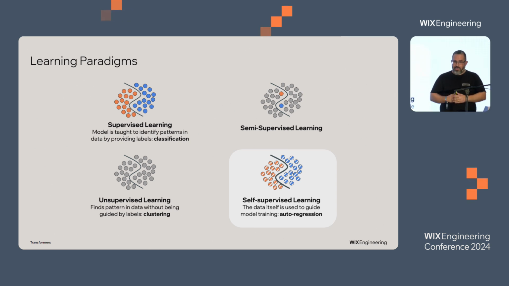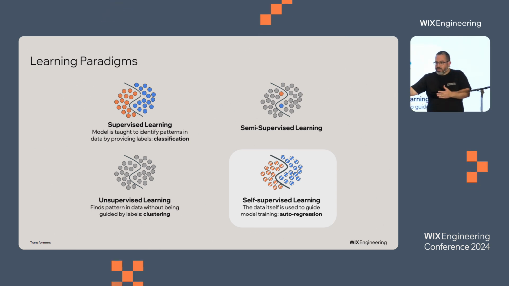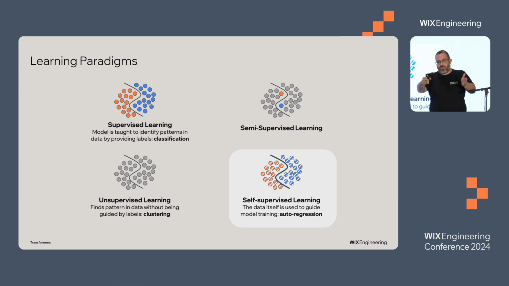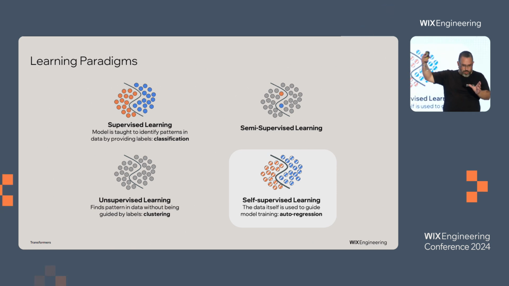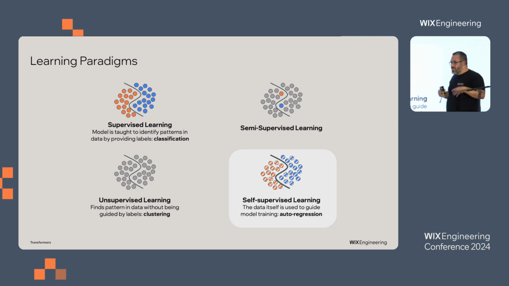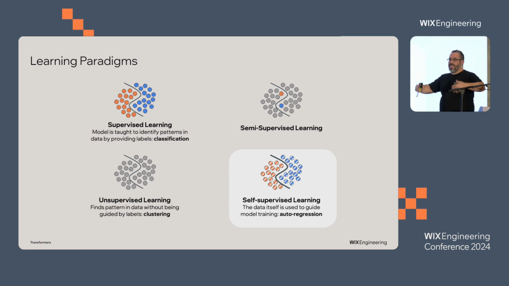We can take all our text, and we know what the consecutive words are in a given text. We know the first 5 words of the sentence, and we know what the 6th word is, so we can train our model to predict the 6th word. It's almost automatically labeled for us. So we don't need to label our own data; we can use the data as is to train our model.